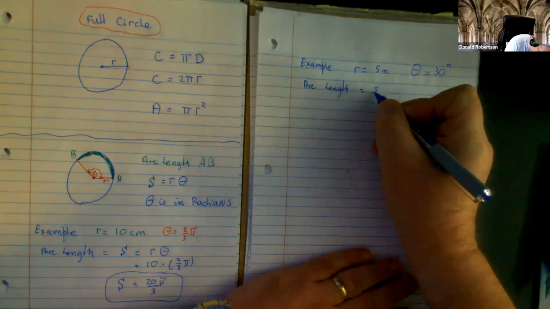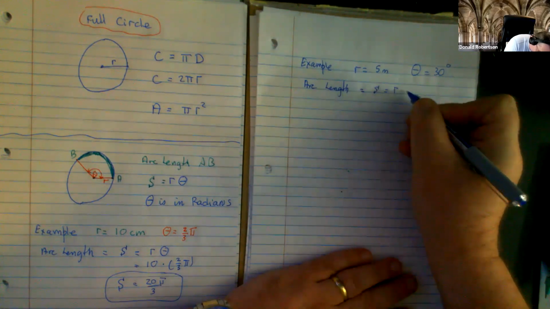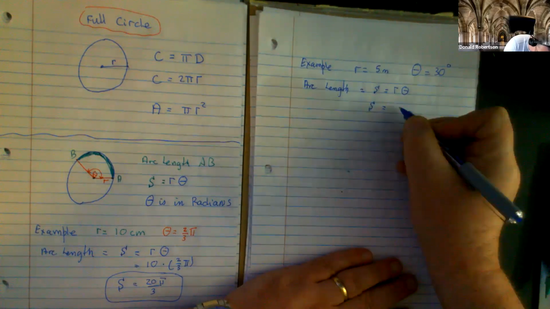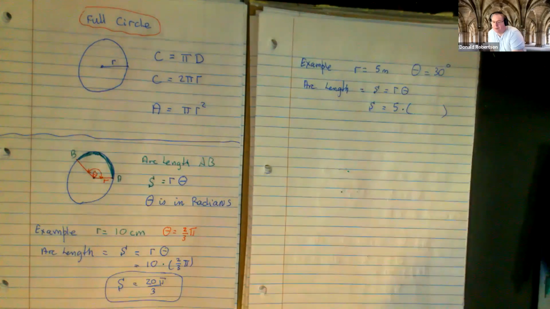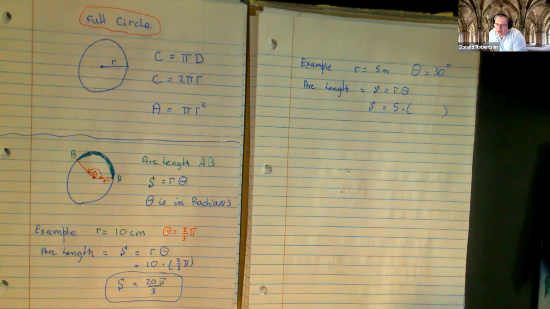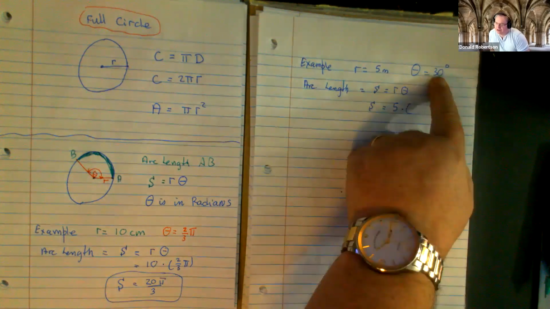So it's going to be S equals r theta, and that's going to be 5 times something. But that something is not 30 degrees. So the answer is not 150 meters, which if you think about it is an awful lot of distance, isn't it? A radius of 5 and you're going to go 150. It just sounds wrong. Doesn't that mean then we need to convert degrees into radians?